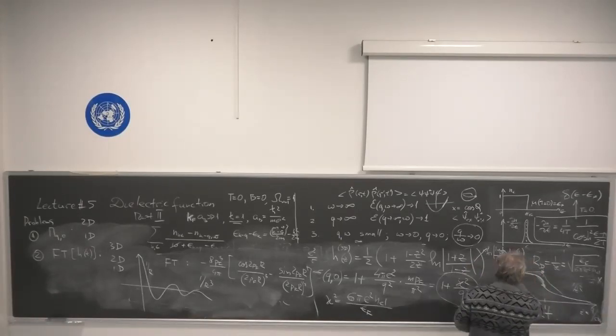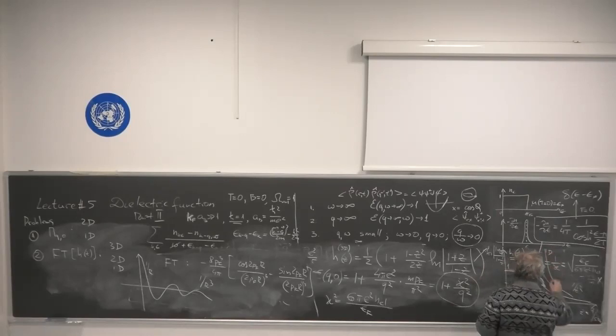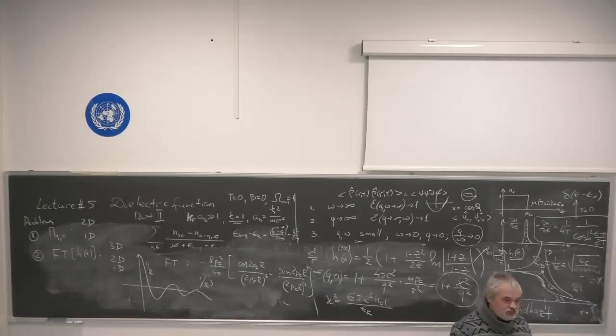For 1D, by the way, the function will be divergent at 2k_F. So this is 1D, this is 2D, this is 3D. But all functions have a certain peculiarity at momentum transfer equal to 2k, when you are on the diameter of your Fermi sphere.